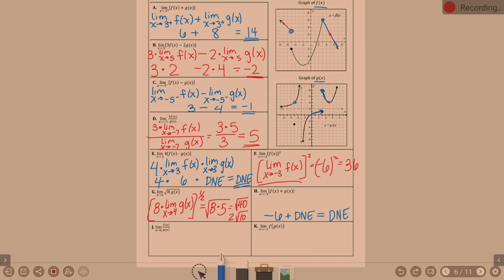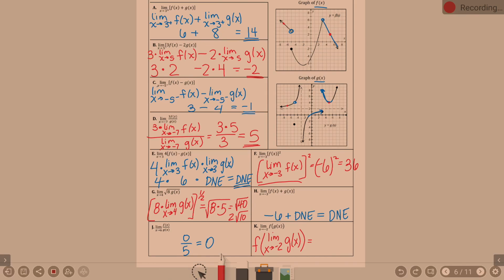J ends up being 0 divided by 5, and what do we know about 0 divided by anything? 0. Okay, let's talk about fog here. So this is going to be rewritten as f outside of the limit as x approaches -2 of g of x.